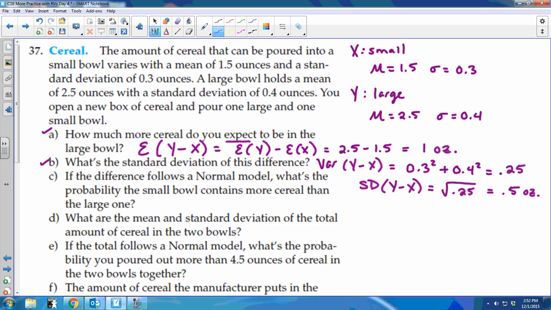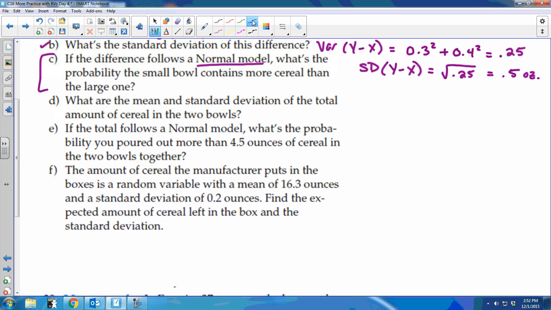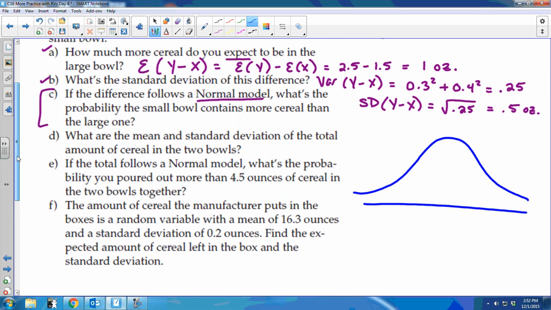So here's the difference. Part C. If the difference follows a normal model, what's the probability that the small bowl contains more cereal than the large one? We haven't done normal models in a while. So first of all, let's just draw one. Remember, it's a bell curve. You need a mean and a standard deviation to be able to fill out a normal model.